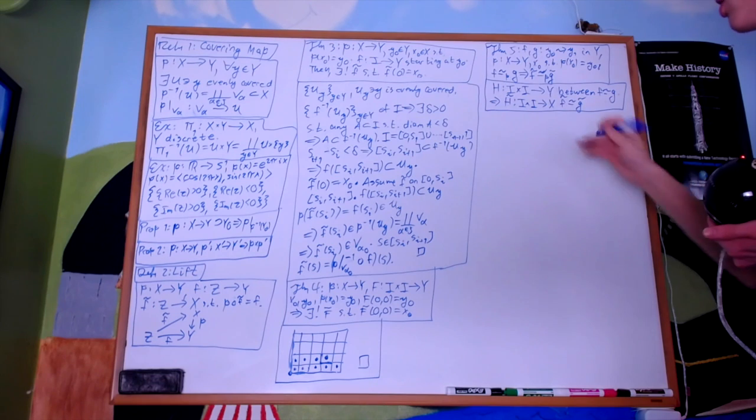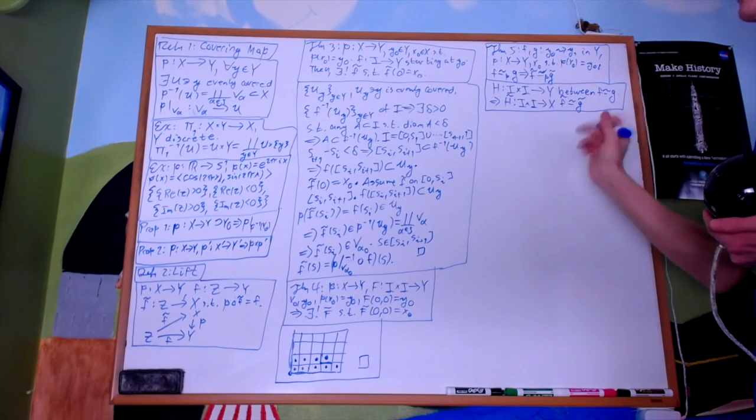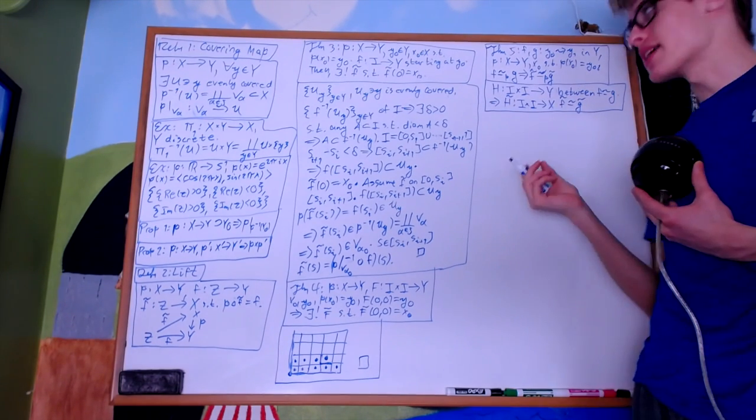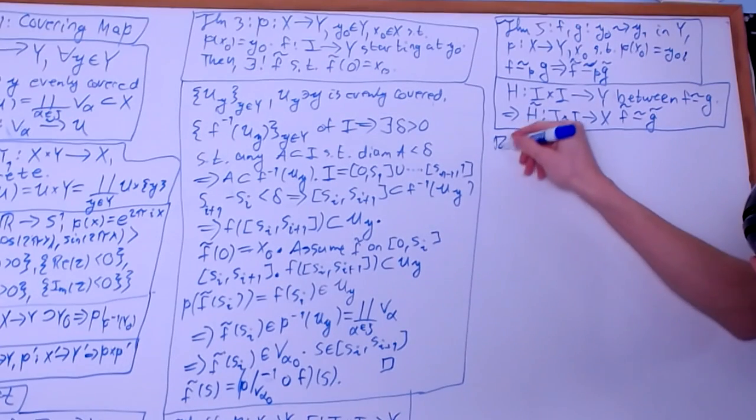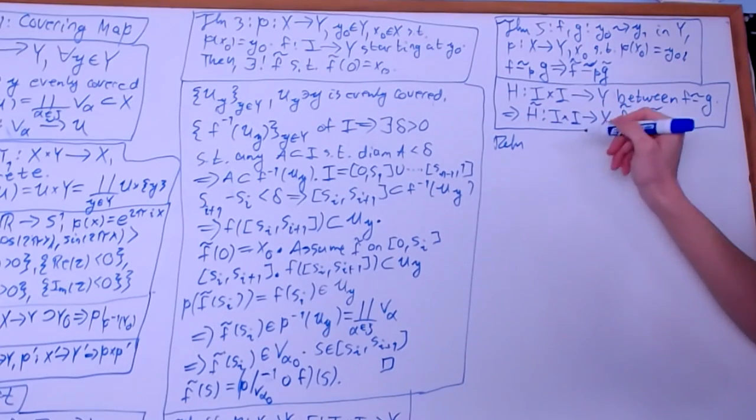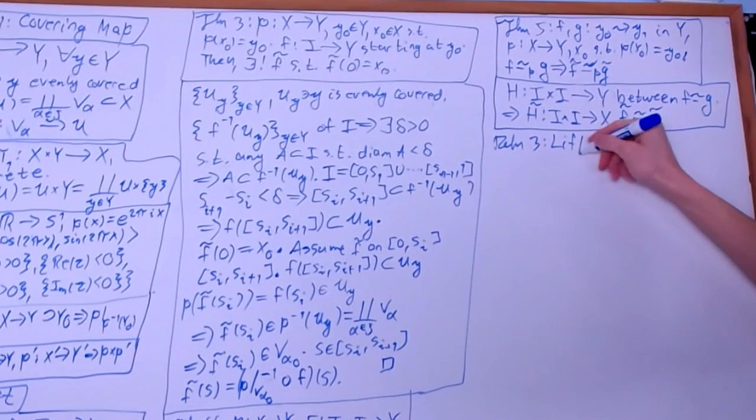Now that we have all of this set up, what can we do with it? Well, we take these ideas and we create a new definition of a new map. And it's going to be called a lift correspondence.